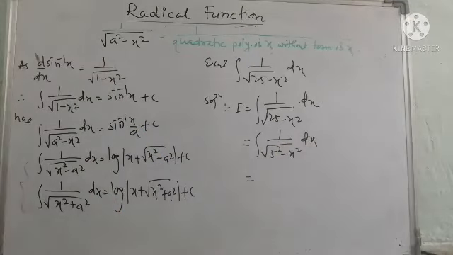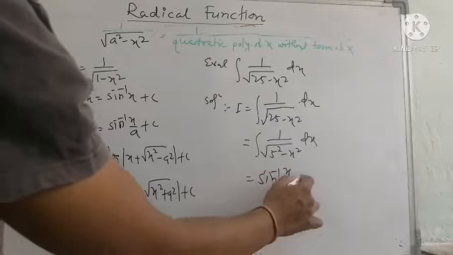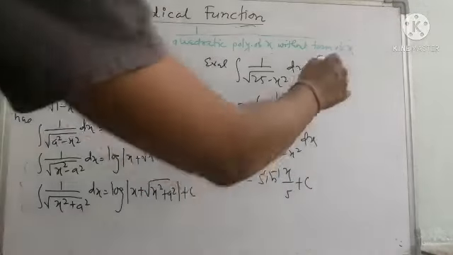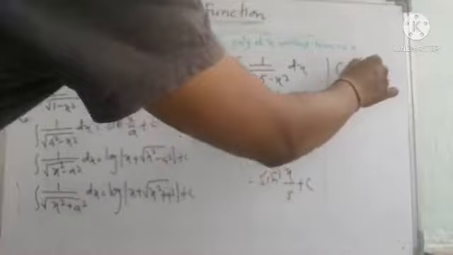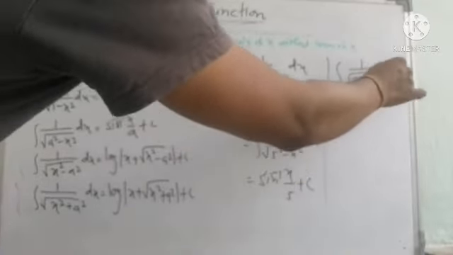Now this is a subtraction of radical and variable. So this integration will be, by using the formula for 1 upon root of a square minus x square, sine inverse of x upon a. The integration is sine inverse of x upon 5, plus c. Okay. Now the next example. Evaluate the integration of 1 upon root of 9 minus x square.